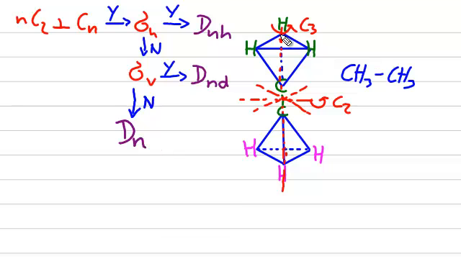I want to use the top-down projection this time. So what do we see when we look from the top to the bottom of this molecule? Up here we see 3 hydrogen atoms and the carbon atom in the center. So here's the carbon atom, and then here there are the 3 hydrogen atoms.